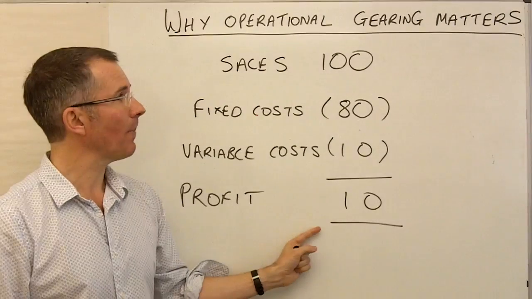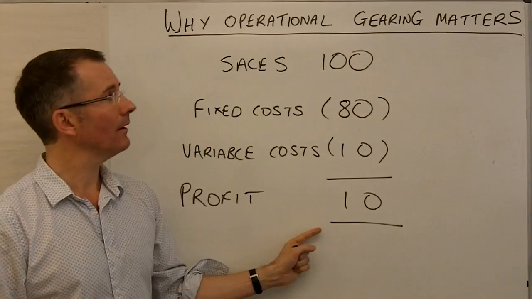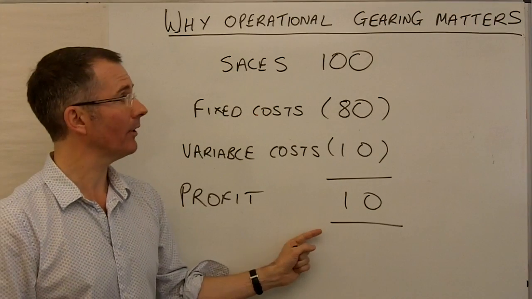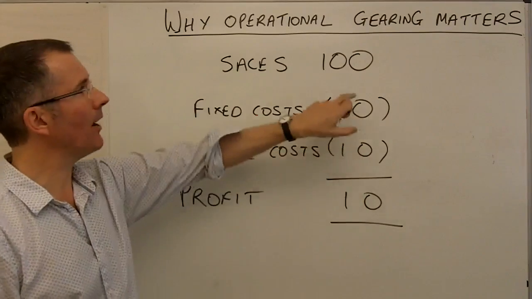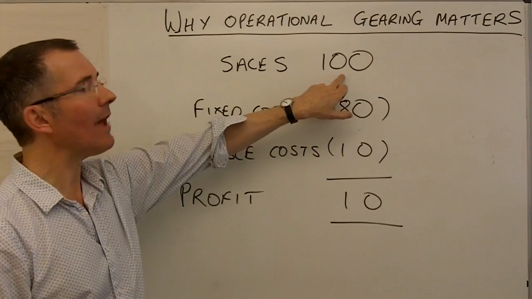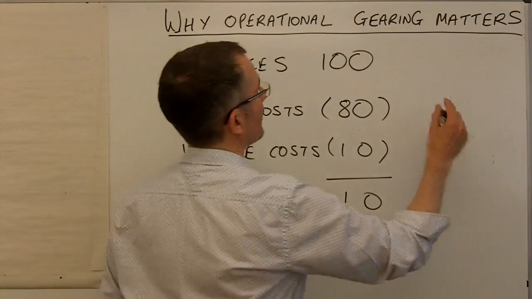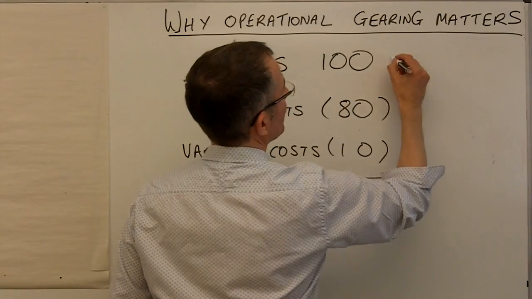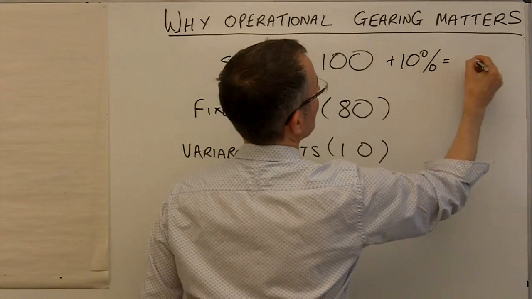The answer is, this could be a bank, an airline, could be a hotel business, high fixed costs. Imagine sales now rise by just 10% the following year. So we have a good year. Sales go up by 10% to 110.